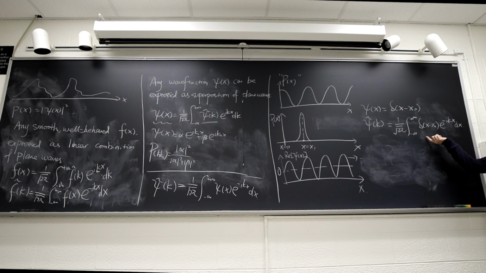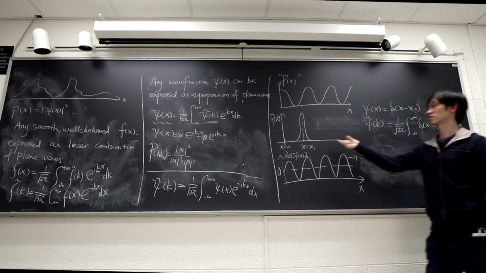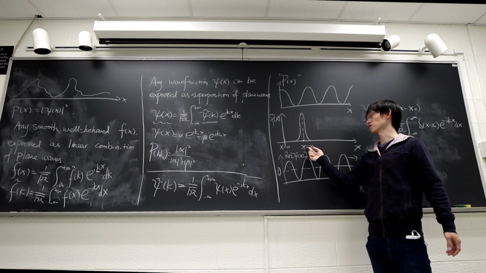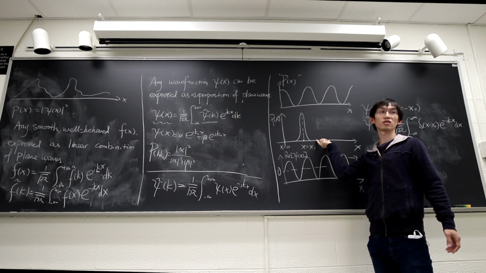So it's not difficult at all. But here, let's make an argument of what this would be. For this integration, we know that integration is summing things together, right? The delta function is infinite at x equals x1, and 0 at all other places.